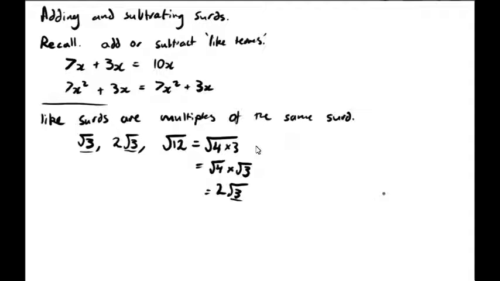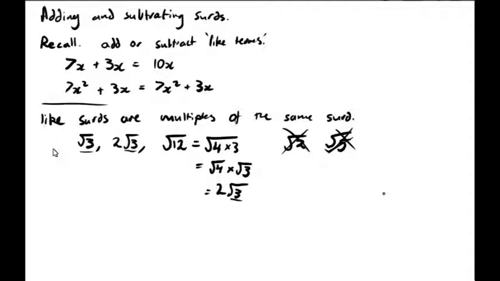But just like our x squared and x, the square root of 2 would not be a like surd, so I wouldn't be able to use that. Or the square root of 5, for example. Those things I wouldn't be able to use.